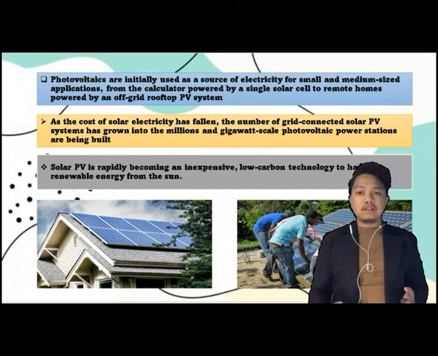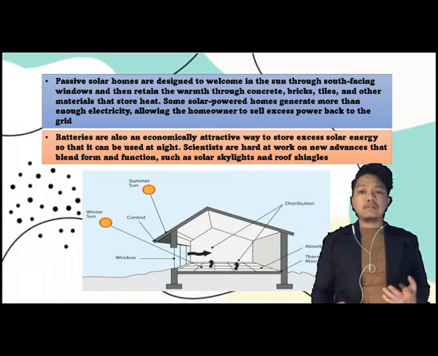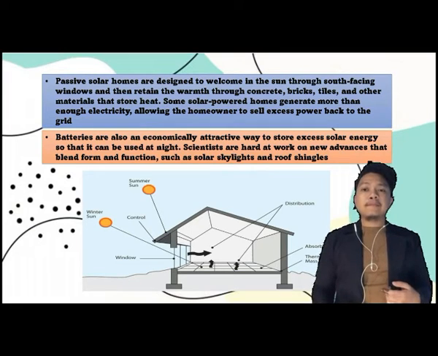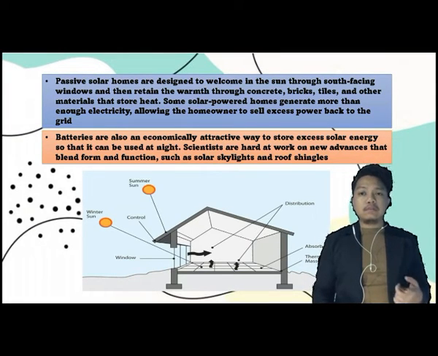Passive homes are designed to welcome in the sun through south-facing windows and then retain the warmth through concrete, bricks, tile and other materials that store heat. Some solar power homes generate more than enough electricity, allowing the homeowner to sell excess power back to the grid.